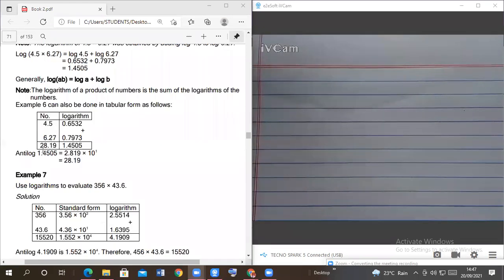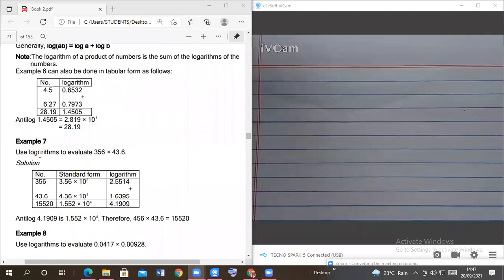Okay, let us go to the next example. Example 7. Use logarithm to evaluate this. So this is where we are going to use these tables very well.